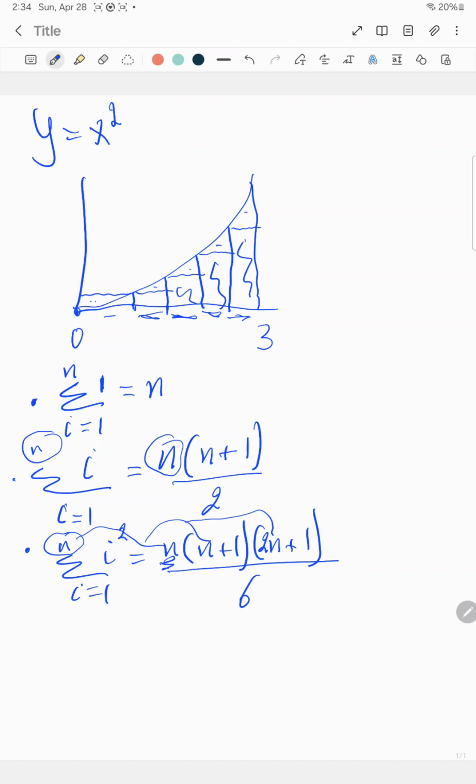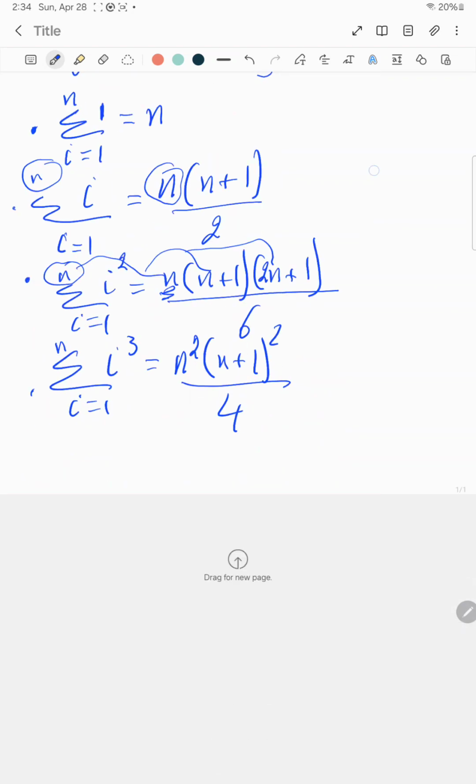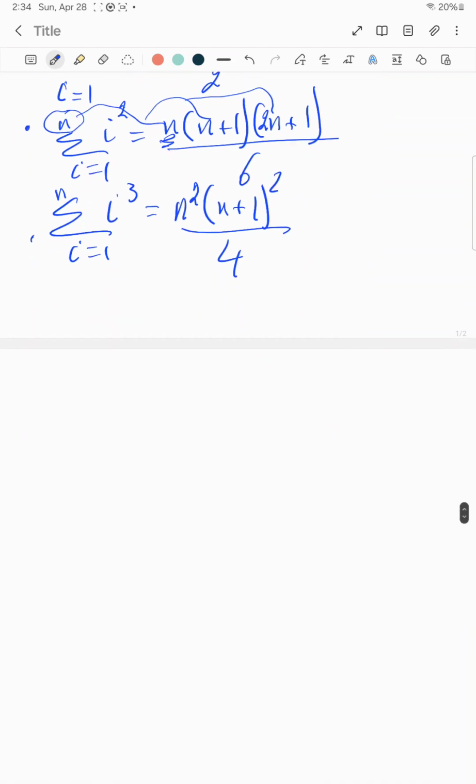The fourth formula would be the sum i equal 1 to n of i to the power of 3. This is equal to n squared times n plus 1 squared, divided by 4. And I still have 3 formulas, and then we start the exercise.